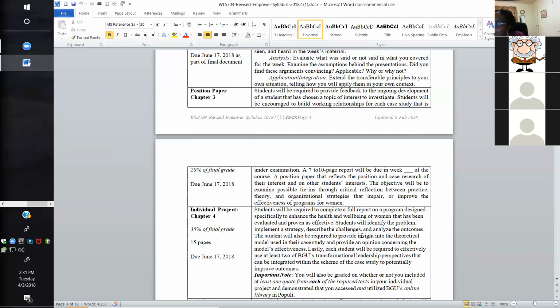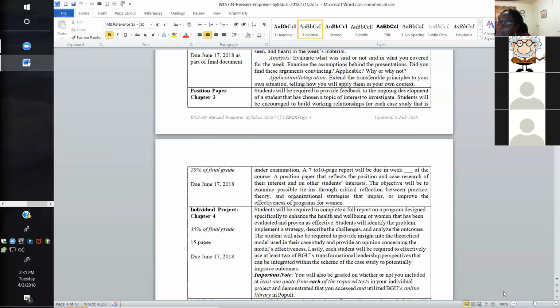So you would want to identify from the report that you have looked at of this program, what specific challenges they addressed as a result of the program that they sought to administer, and then to analyze the outcomes.